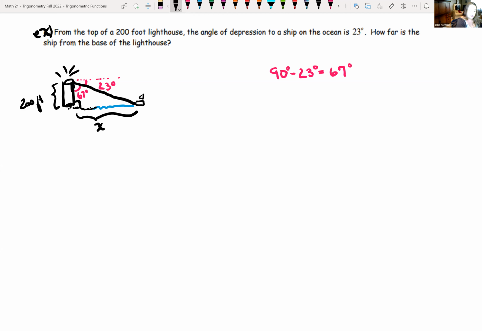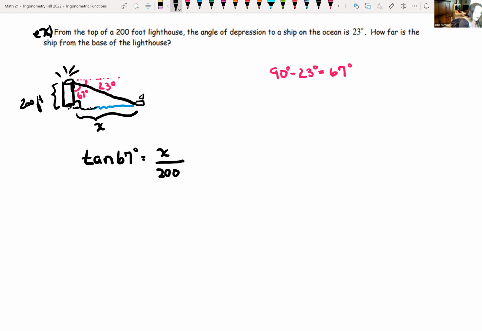So figure out which trig function you're going to use. We want to know opposite, and we have adjacent. And so tangent is what we should use. So tangent of 67 degrees is equal to the opposite, which is x, all over the adjacent side, which is 200.